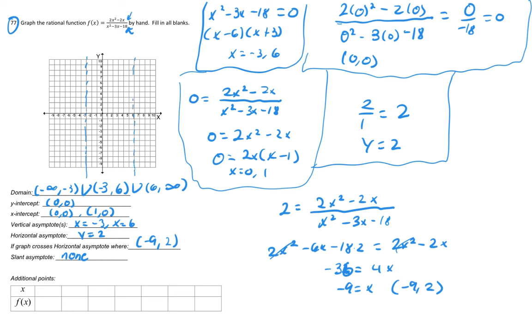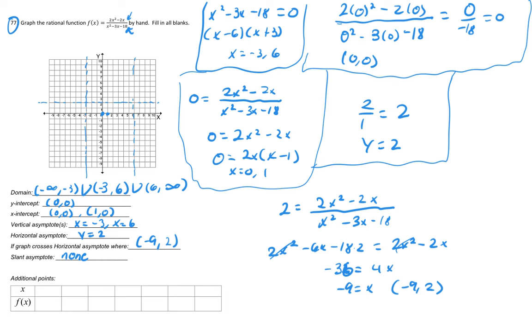We then have a horizontal asymptote at 2. We have a y-intercept at 0, 0, and an x-intercept at 1, 0, also at 0, 0.